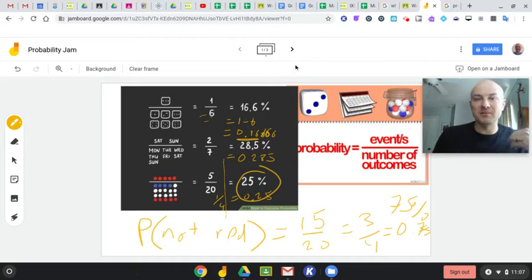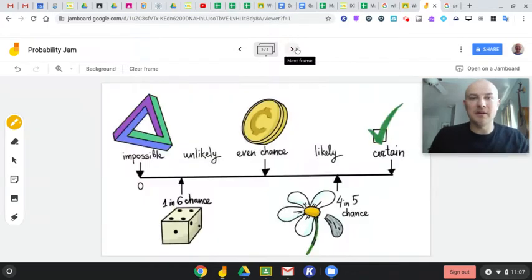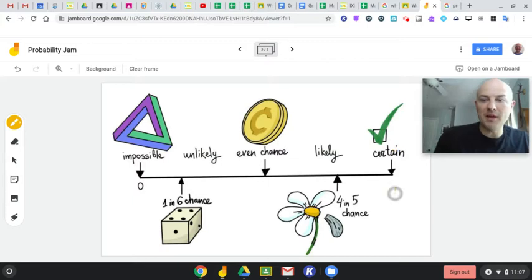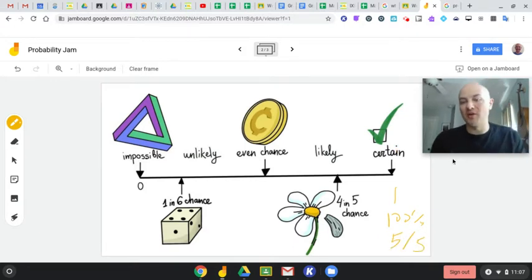Let me give you another example right here. Actually, this is just something I want you to know. Probability is that fraction or decimal or percentage between 0 and 1, 1 being 100%, or 1.00. Or you could say 5 out of 5. If it's a fraction, it's all, it's always possible. So if you have a probability of 1, it's always happening. A probability of 0 means it's impossible.